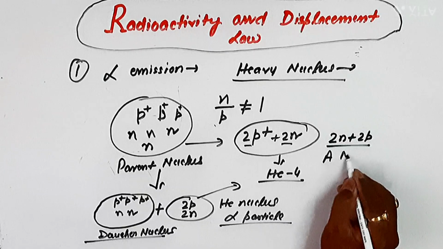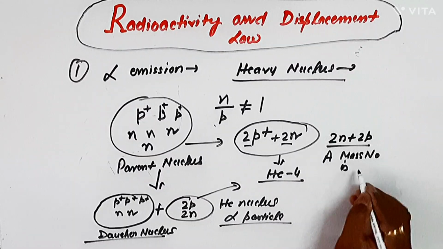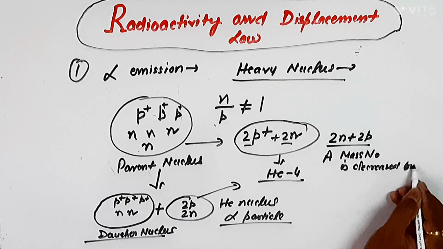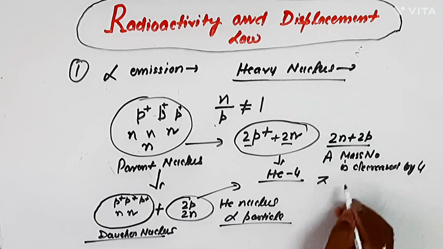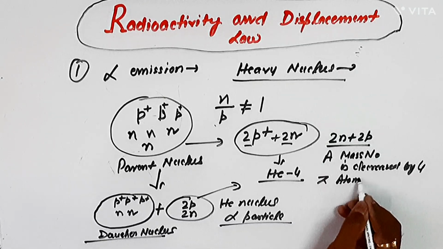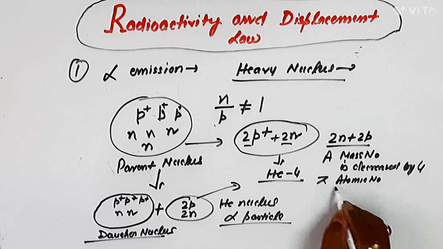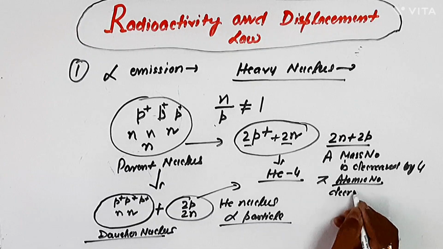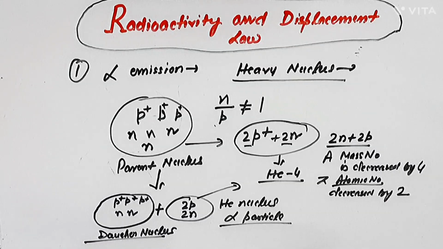A, that is mass number, is decreased by 4. And Z, that is atomic number, which is nothing but the number of protons inside the nucleus, is decreased by 2.